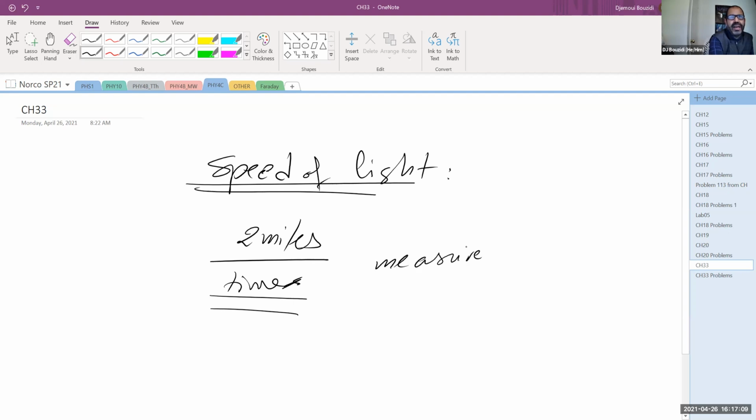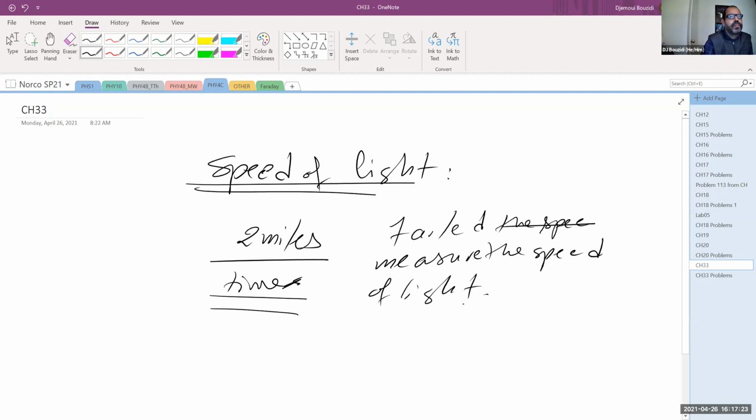So basically, it failed to measure the speed of light. Why? So what did it accomplish? He said that it measured the reaction time. That's all. Because that's true.